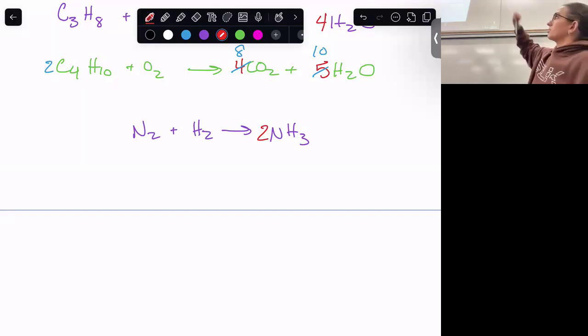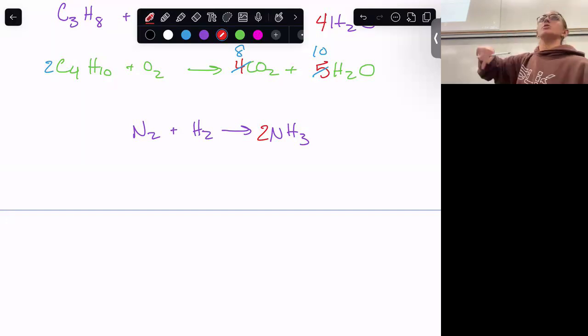I have an even number, 6 hydrogens, on my right. I have 2 on my left, so I can multiply this by 3, and that gets everything happy. So I think working left to right is the best.